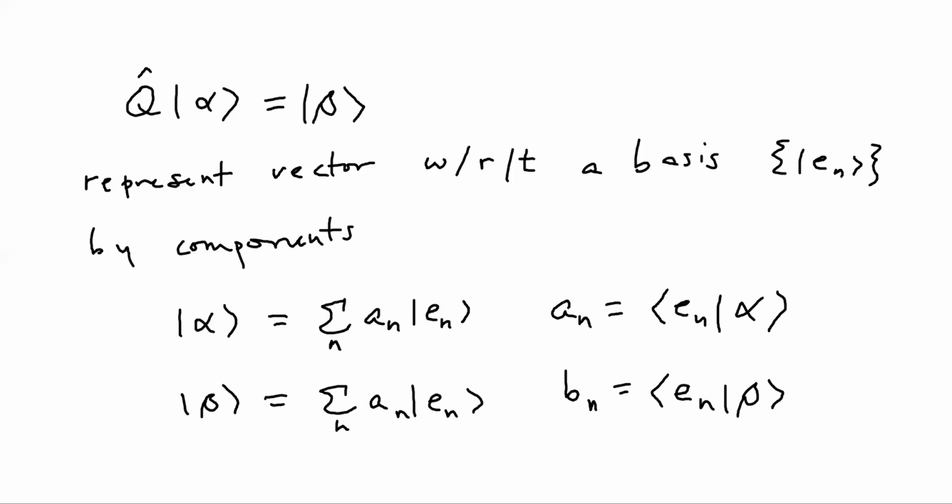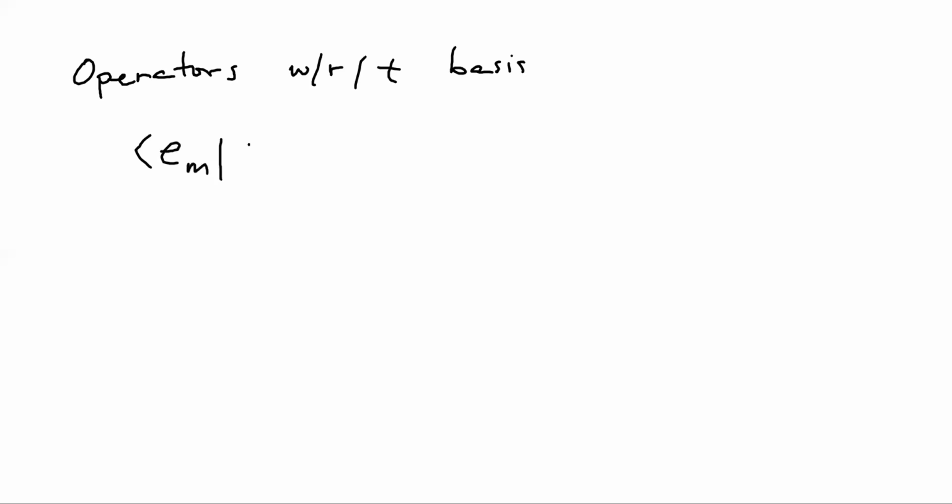All right, so in the same way, our operators are represented with respect to a particular basis by their matrix elements, right? So what I mean by that is our operators with respect to a particular basis can be written, and here we are going to give these different subscripts.